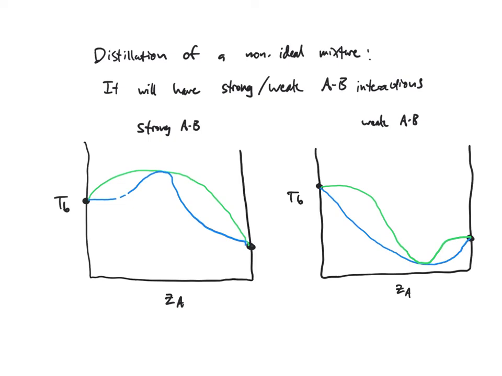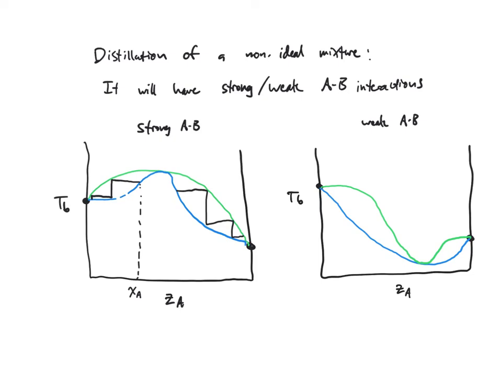And what that means is that if you try to do a distillation on one of these, say you have a particular starting XA like that, then by doing a distillation, you'll get the zigzag lines that look like that depending on where you start the particular mole fraction.